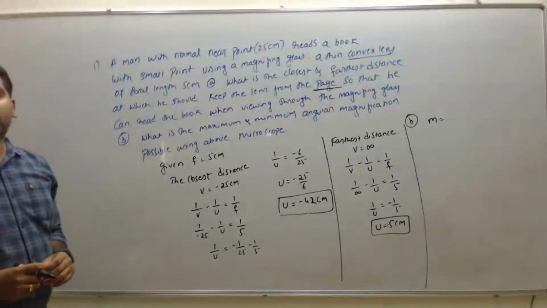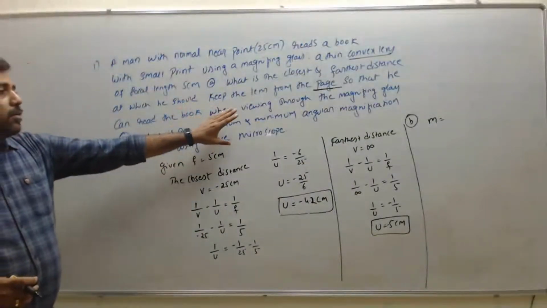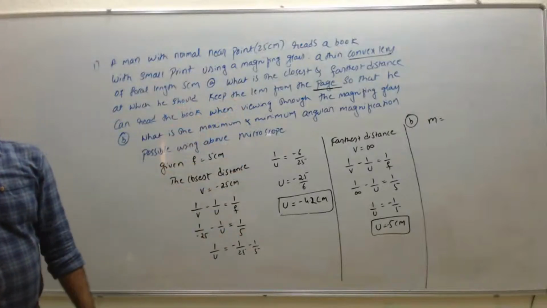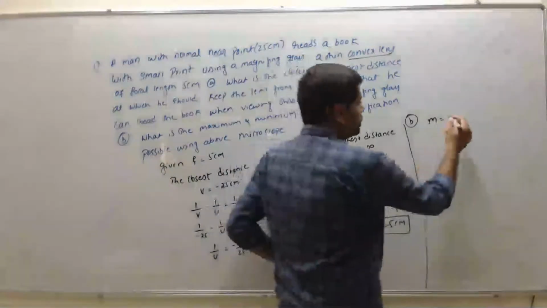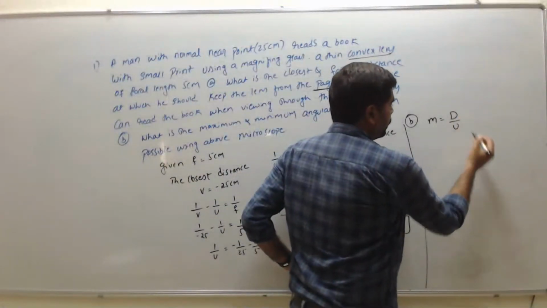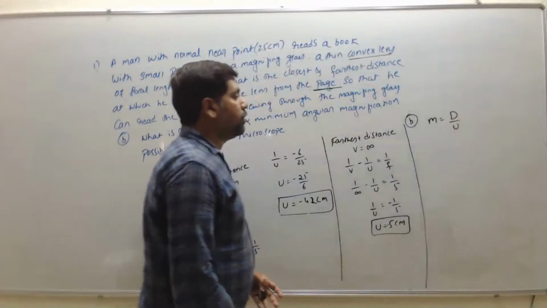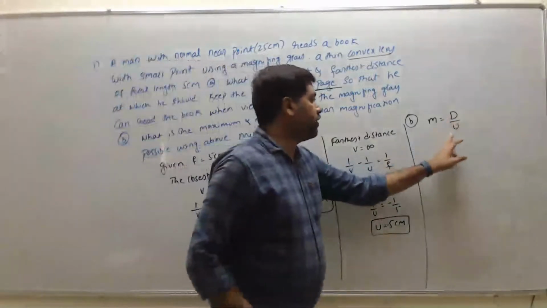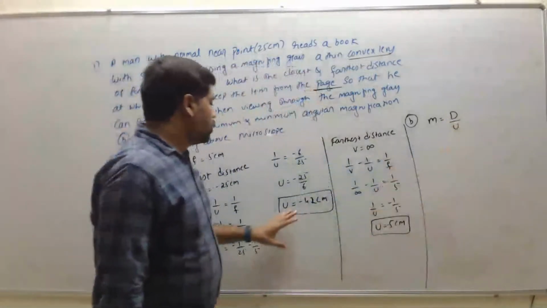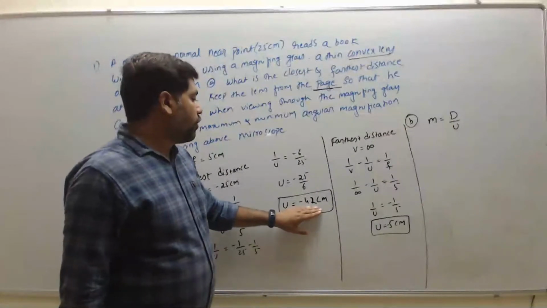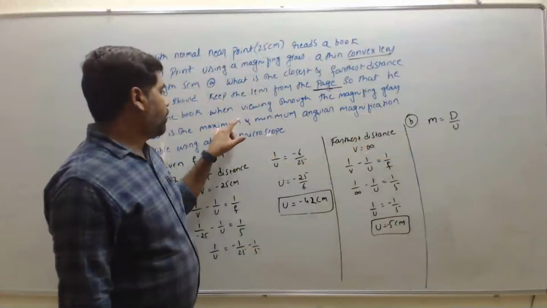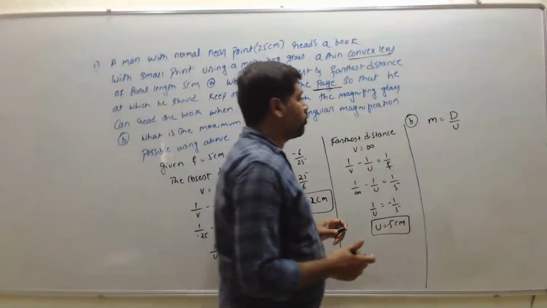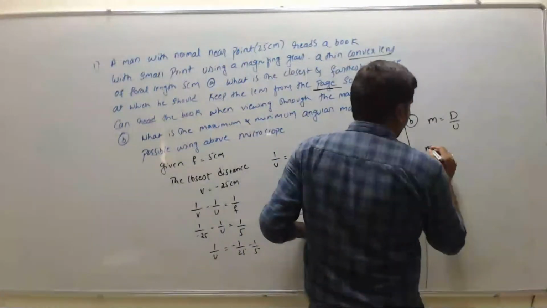For a simple microscope, the angular magnification m equals D divided by u. If the object is placed at focus, then it becomes D divided by f. We have two cases, one is minus 4.2 and one is 5, that is maximum and minimum. We have to find the maximum and minimum.